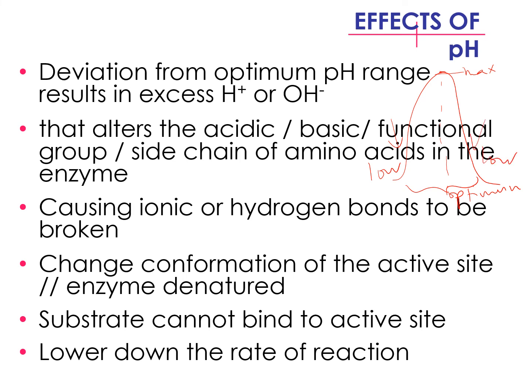Deviation from optimum pH range results in excess hydrogen ions or hydroxyl ions. So excess hydrogen means it is acidic. Excessive hydroxyl ion means it is basic.